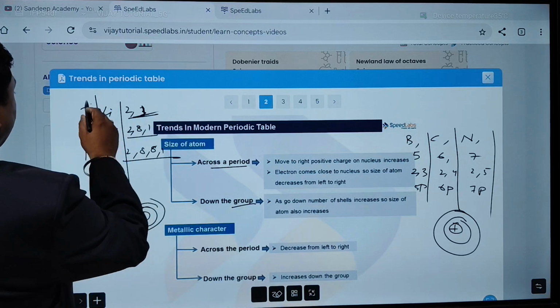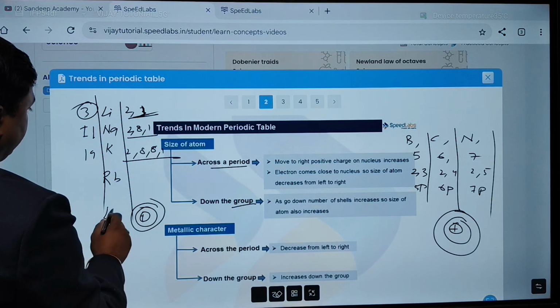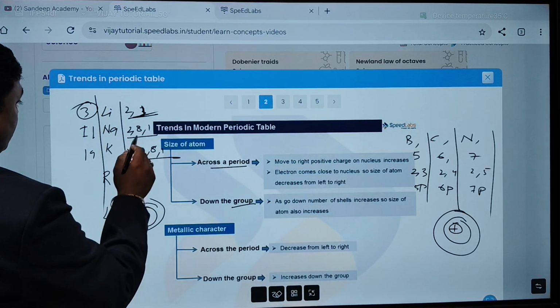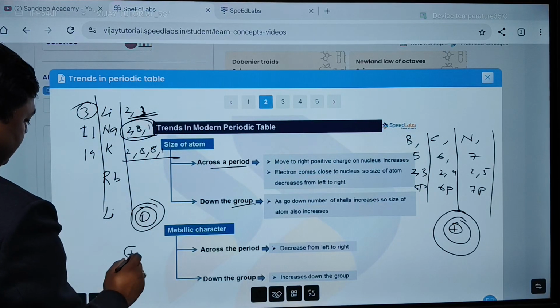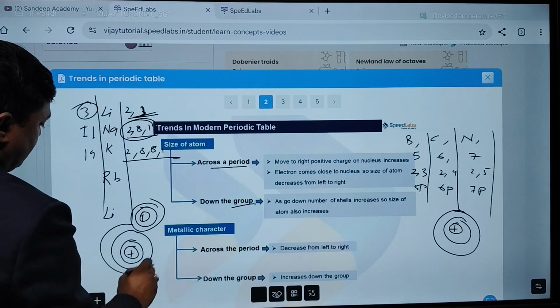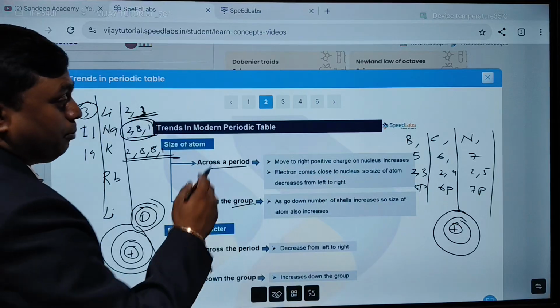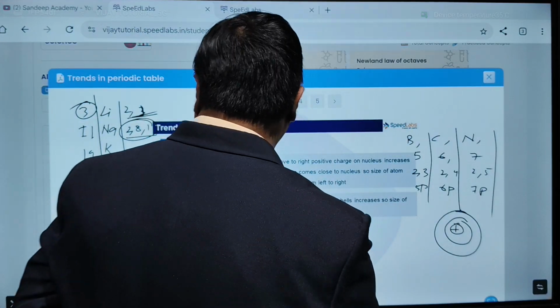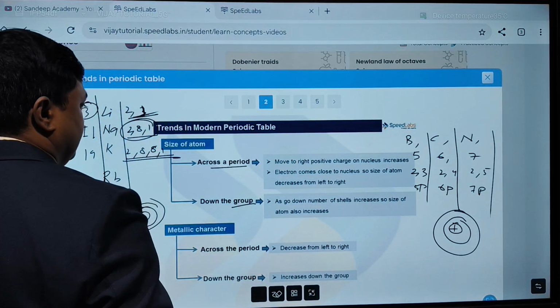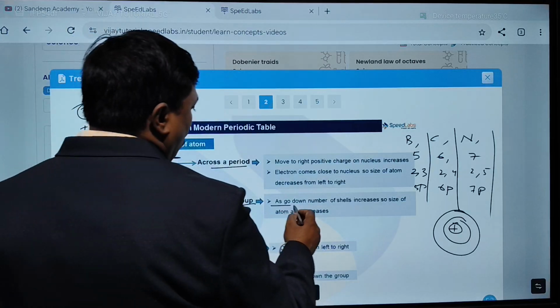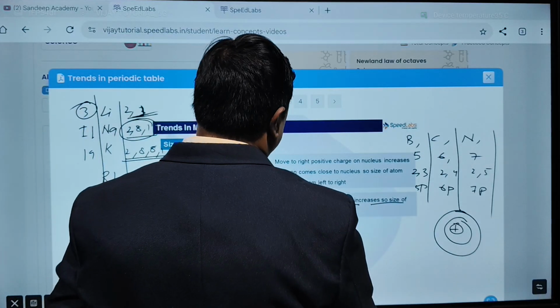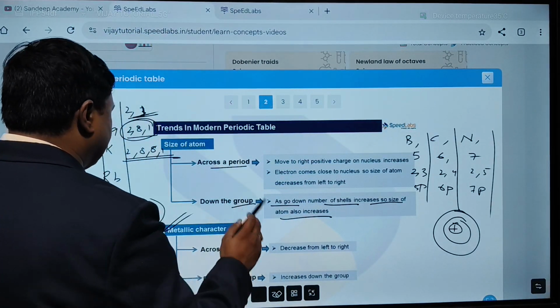Sodium is 2, 8, 1, so it has 3 shells. Similarly, potassium has 4 shells. So the number of shells increases, that's why atomic size also increases. Is it clear? As we go down, the number of shells increases, so the size of the atom also increases.